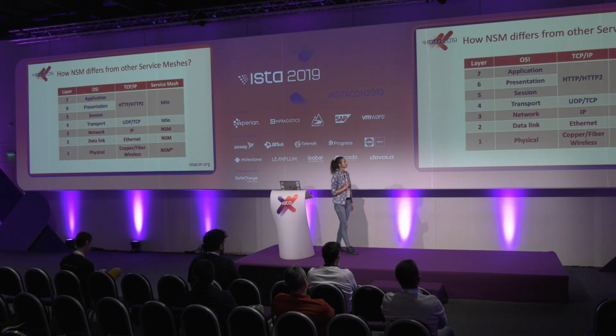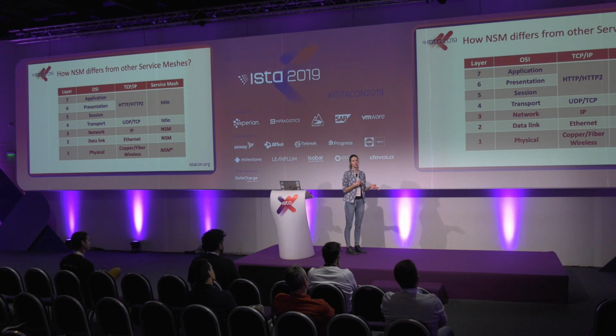And what's the difference? It covers other network layers. The standard service meshes cover layers 4 to 7 of the OSI model, while Network Service Mesh covers the lower layers.